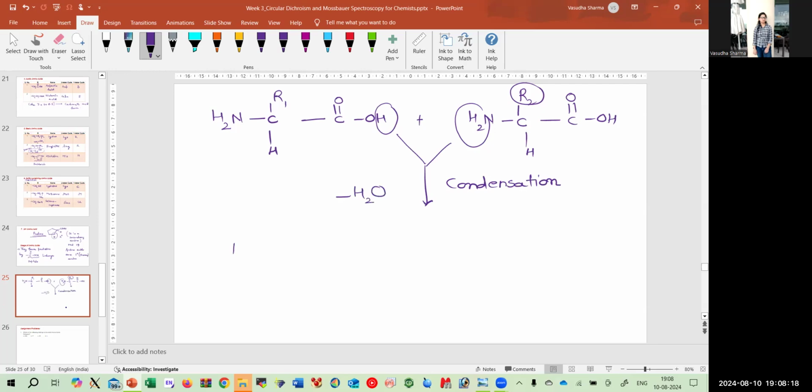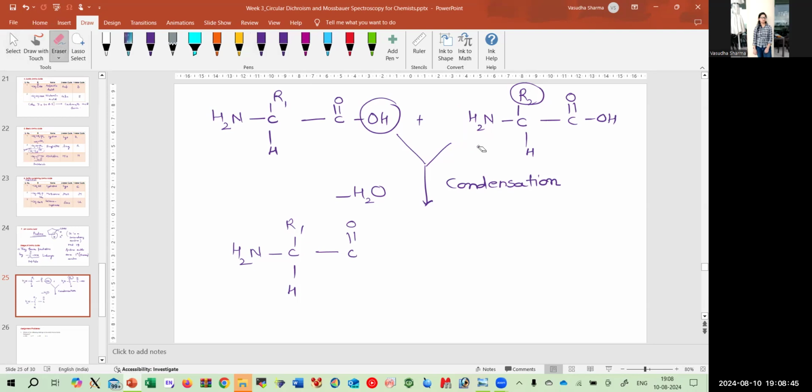with loss of H2O, that would give you NH2, C, R1, H, C double bond O. You can just write here, so this would have OH and H loss.